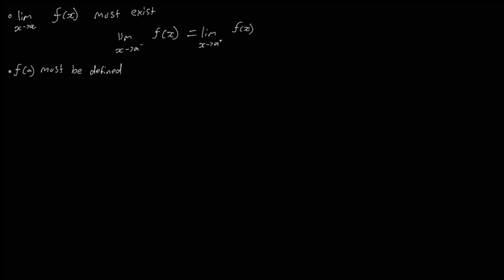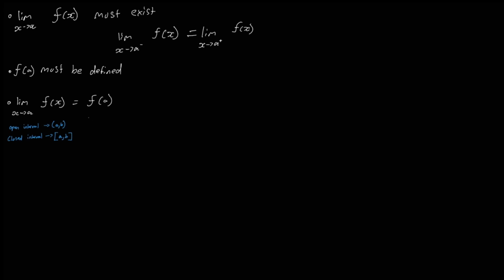And the third criteria is that the limit as x approaches a of f of x must equal f of a. Now, this last criteria just means that our first step and our second step must be equal.